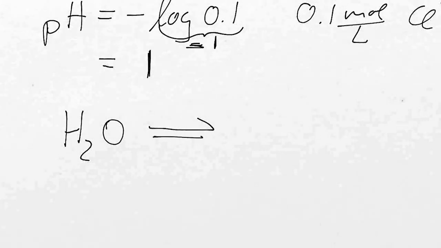Now, in this case, we are dealing with something that completely dissociates. But sometimes life isn't that easy. We might encounter substances that don't completely dissociate. And one of these substances is, for example, water. So water would dissociate into what?